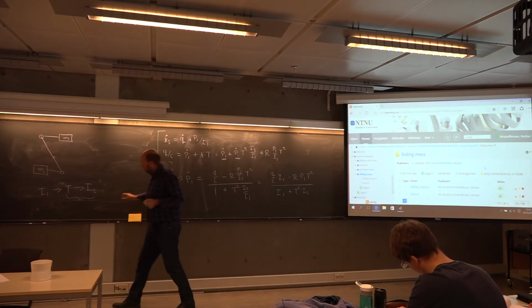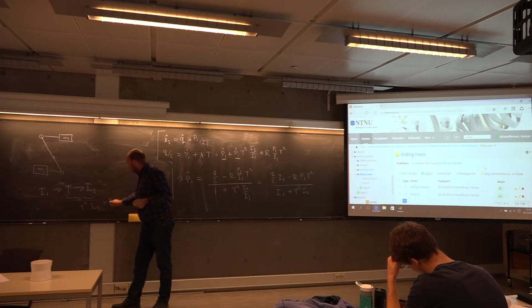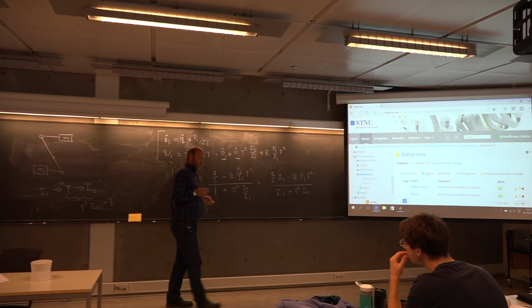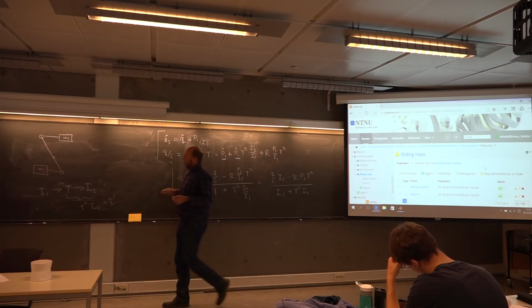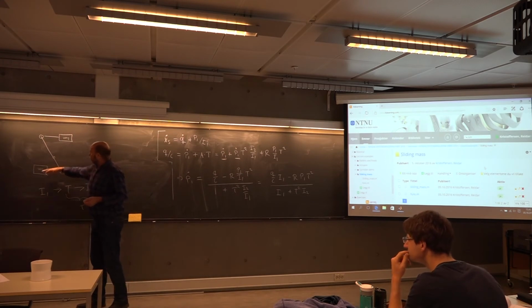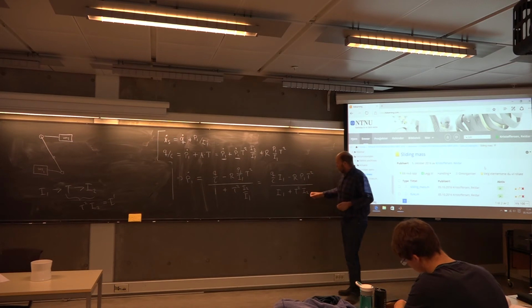That was T squared multiplied with I2. You could say this is now an equivalent inertance, sort of an inertance that is felt for the motion down here. And that is indeed what we have.